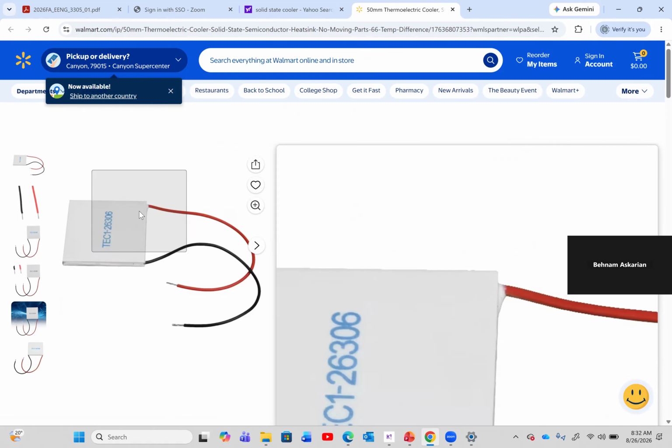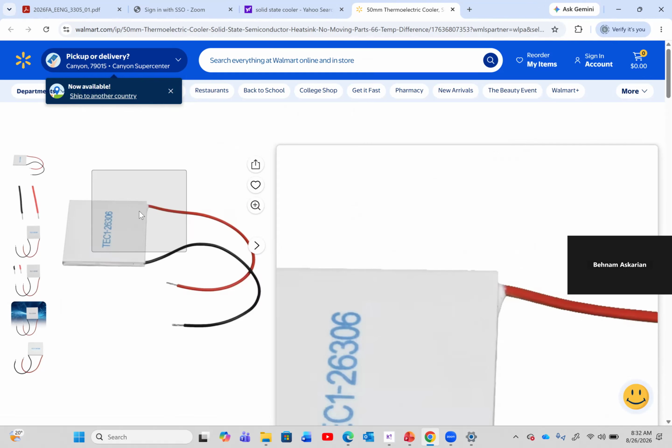So it's a system with no moving parts. It would heat on one side and cool on the other side. Now, some of them, if you change the direction of the current, it's going to do the opposite. It's going to heat on the side that cooled previously and make it cold on the side that was heating previously.